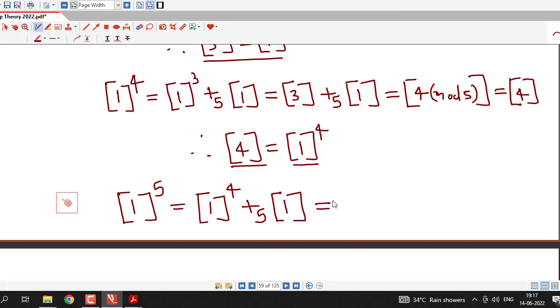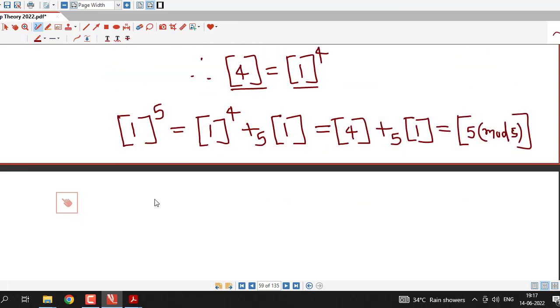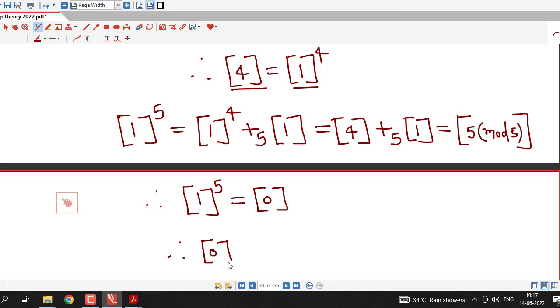This is equivalence class generated by 4, and equivalence class generated by 1, that is 5 modulo 5. 4 plus 1, that is 5. So we have to find out the remainder when 5 is divided by 5, and we know that the remainder when 5 is divided by 5 is 0. So 0 is also written as the fifth power of 1.